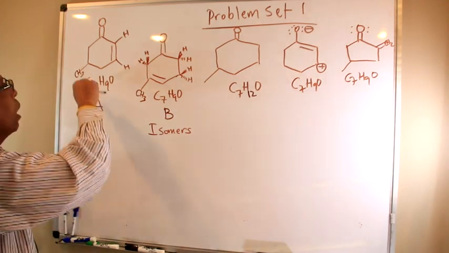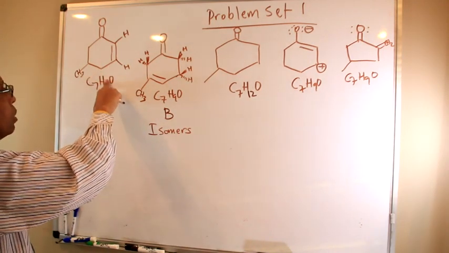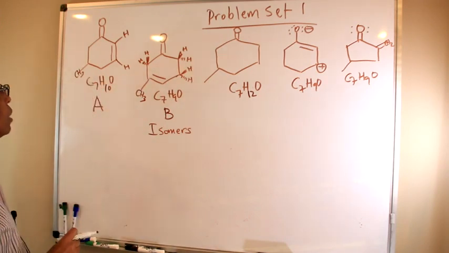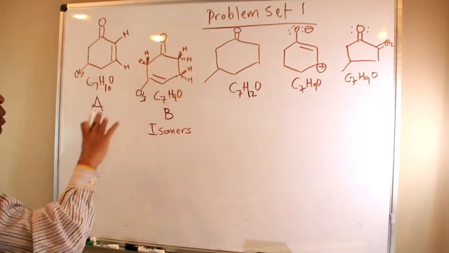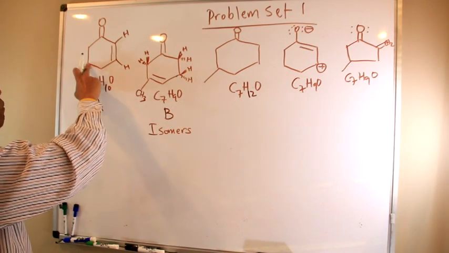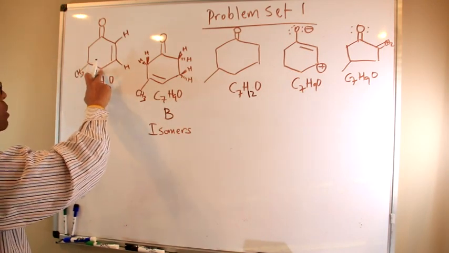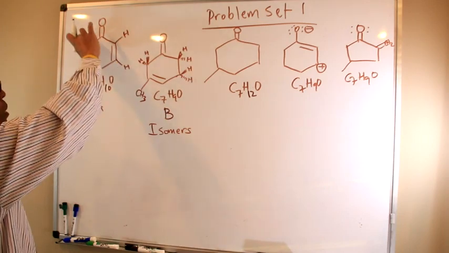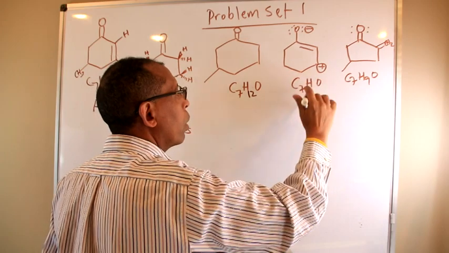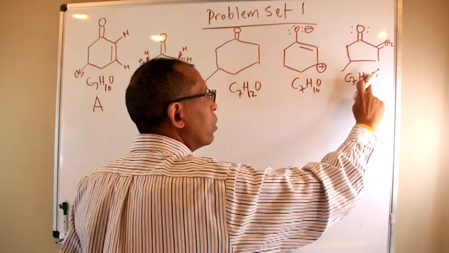I think here also this should be C7H10O, otherwise we just eliminated 2 hydrogens. 3, 4, 6, 8, 10. So this is a C7H10O compound. My mistake.